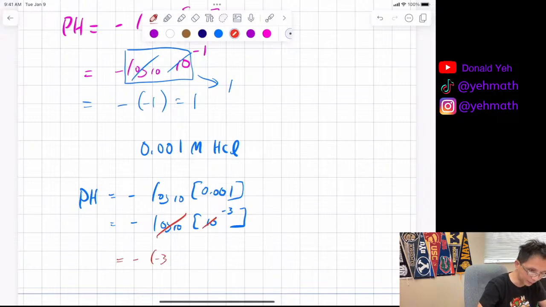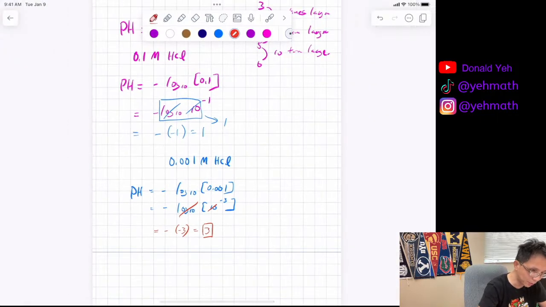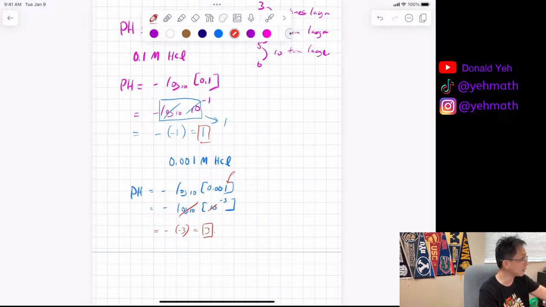It'll be negative, negative 3. They're inverses of each other, and the pH is 3. Now, you see pH 1 and pH 3. This one is 0.001 molar and the other one is 0.1 molar. So that's 100 times. If you multiply this by 100, you go back to here.